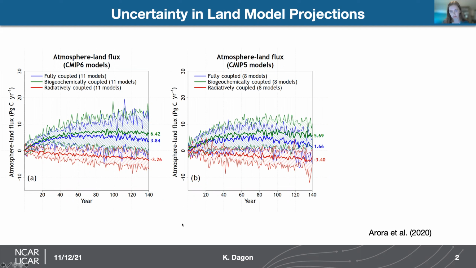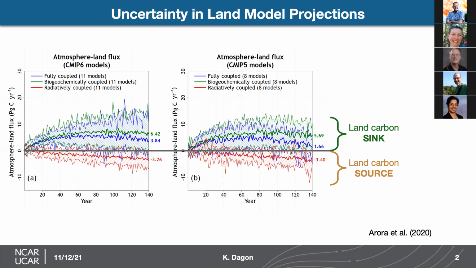These are, I believe, 1% CO2 simulations, and they're also showing the breakdown when you only let the atmosphere see the CO2 increase in red, or only let the land see the CO2 increase in green, which I'm not really going to talk about. To make it easier for ourselves, let's just highlight the zero line here. So thinking about the land as a carbon sink or source, which is similar to what Charlie was talking about.